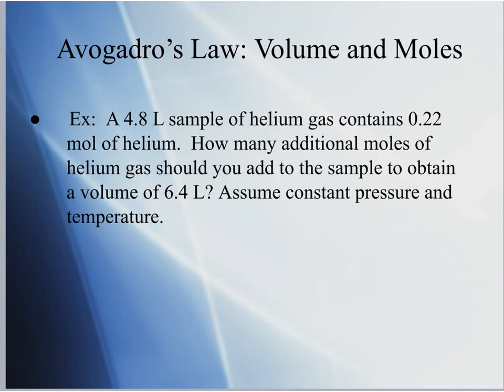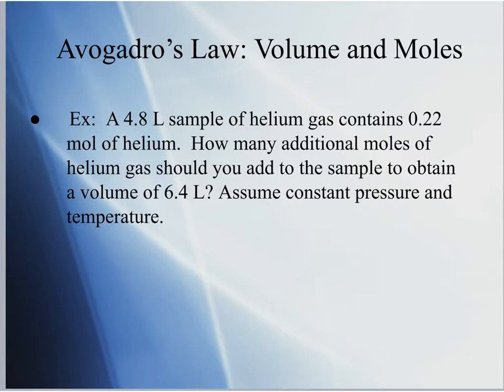So here's an example of a question that you might run into while working with Avogadro's law. It says, a 4.8 liter sample of helium gas contains 0.22 moles of helium. How many additional moles of helium gas should you add to the sample to obtain a volume of 6.4 liters? Assume that there's constant pressure and temperature on the system.